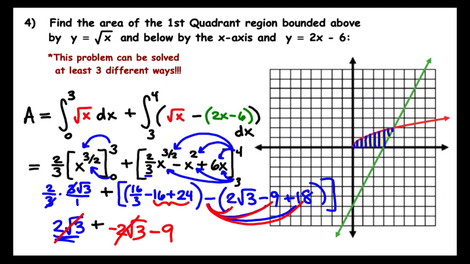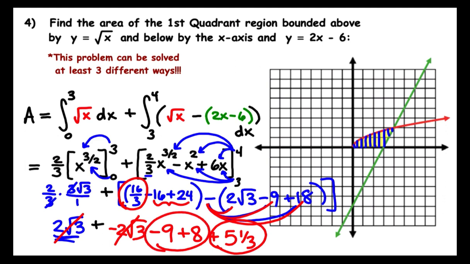These 2 here are going to combine to make plus 8. And then I have a 16/3, which is 5 1/3. So it's really 5 1/3 minus 1. The answer here is 4 1/3, or 13/3 square units.